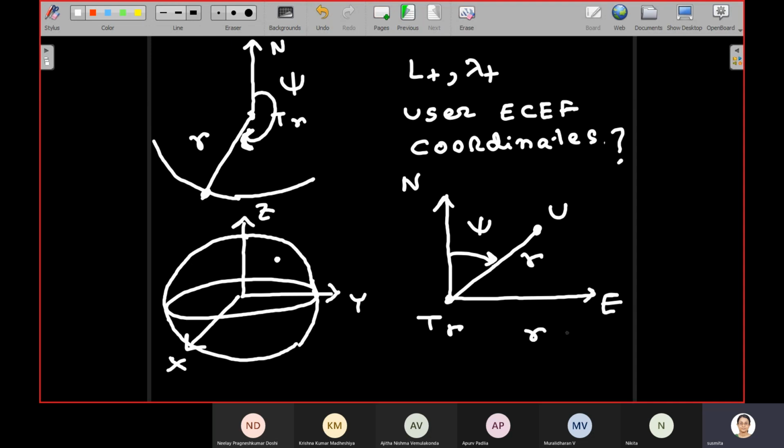We have R cos psi and R sin psi, right? And since the user is on the surface, height is 0. So these are the north, east and down coordinates of the user.